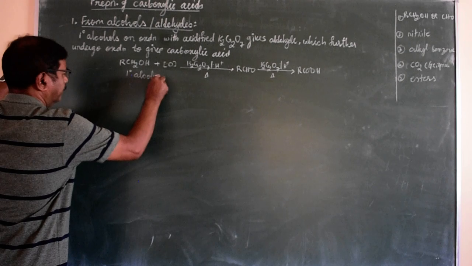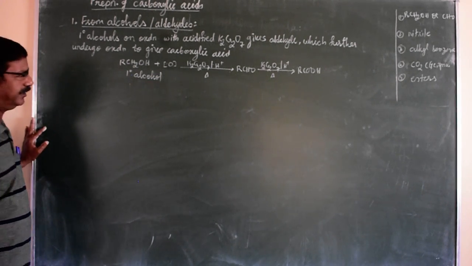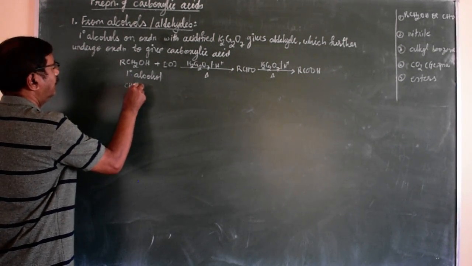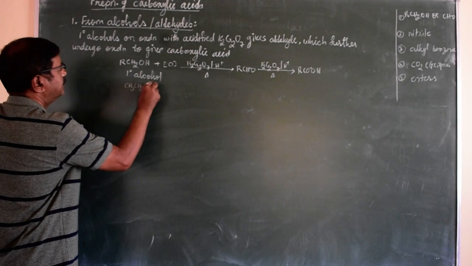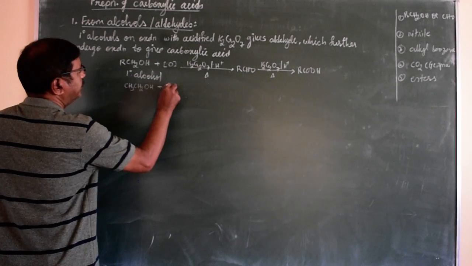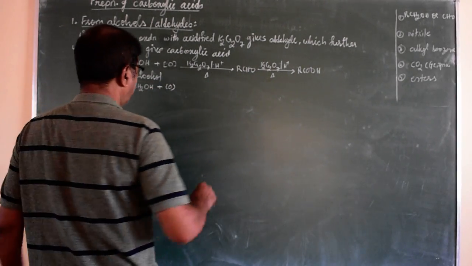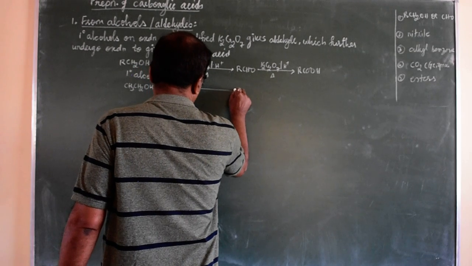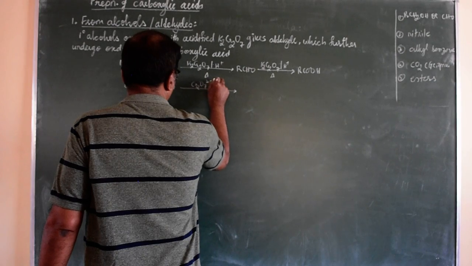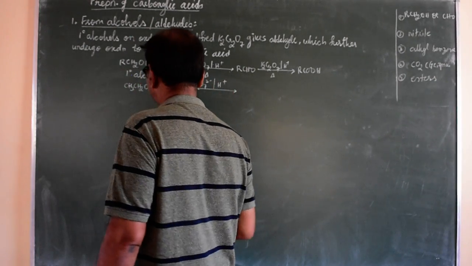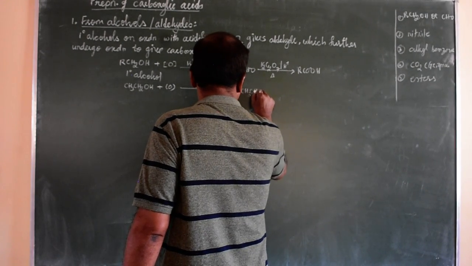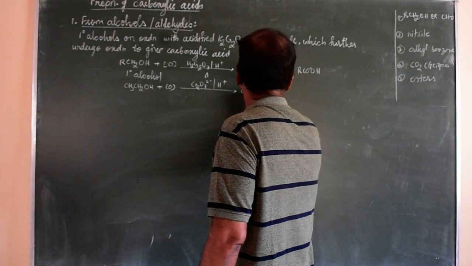A simple example is ethanol, or ethyl alcohol. We know the formula for ethyl alcohol, CH3CH2OH. It undergoes oxidation with acidified sodium dichromate or potassium dichromate. In general, we can write Cr2O7 2- with H+. It gives CH3CHO, acetaldehyde.